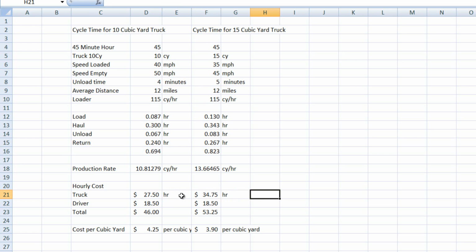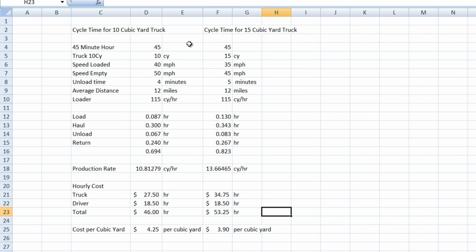And then the operator, no matter which truck they're driving, the operator is the same cost of $18.50 per hour. If we were going to get really technical, we'd probably put some prices on the loader. So what we're figuring out is the cost per cubic yard to operate these. I'm just going to spread that out a little bit.